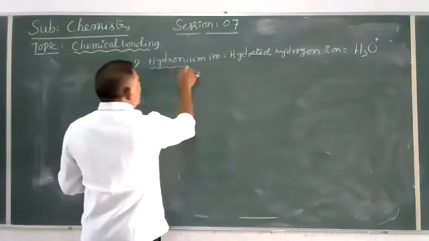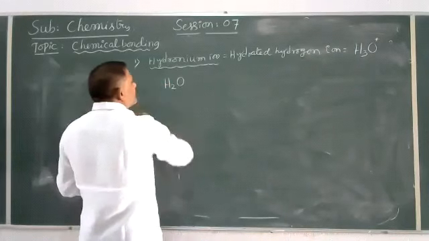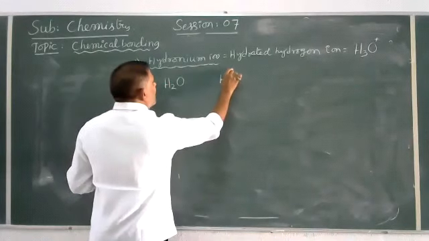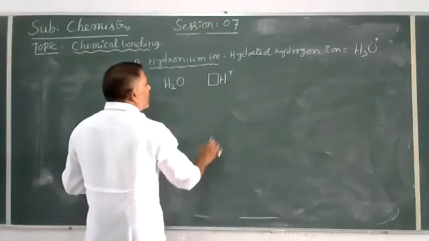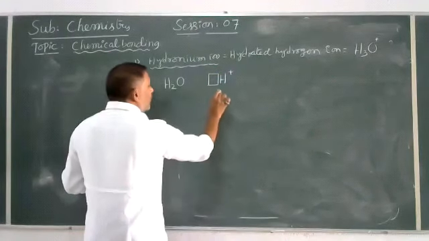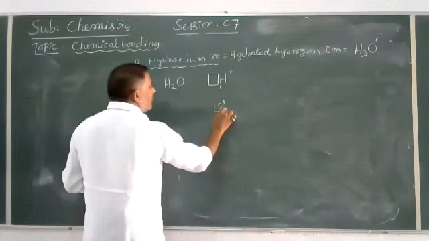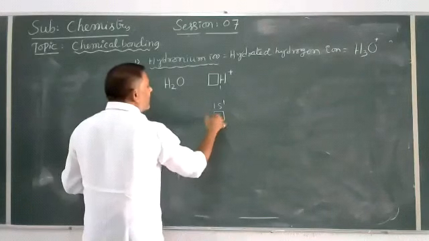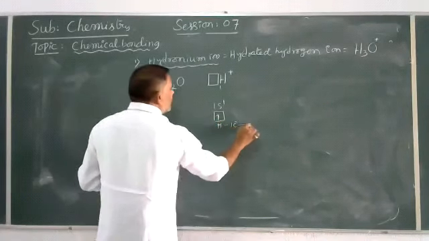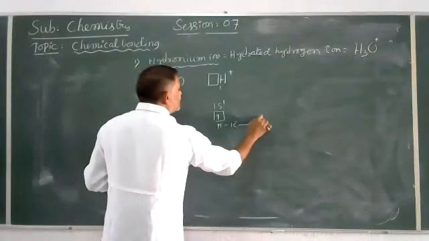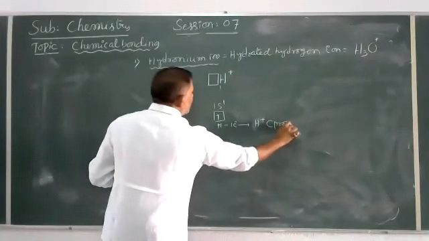Here in this hydronium ion, we have an H2O molecule and an H+ ion, which is a proton. The hydrogen atom has atomic number 1, with electronic configuration 1s1, containing one electron. If the hydrogen atom removes one electron, it becomes 1s0. That is H+, a proton.